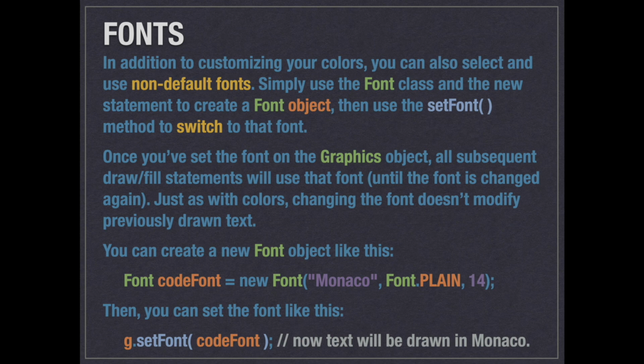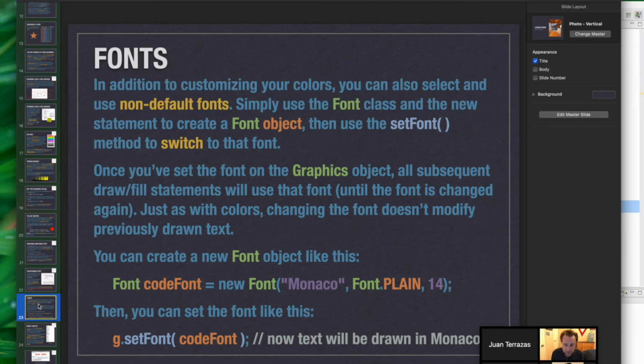Fonts are easy, and let me just mention that there's a Font class, capital F Font, and we can access any of the named fonts that are installed on your computer just by naming the font. So the syntax is Font, some valid identifier, equals new Font, name of font, and then two numbers. A style number, and there are built-in constants to let us not have to remember the numbers.